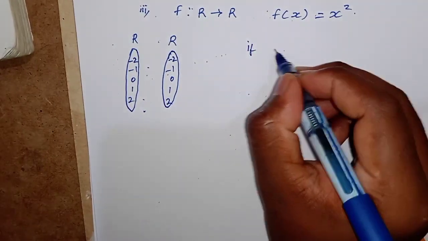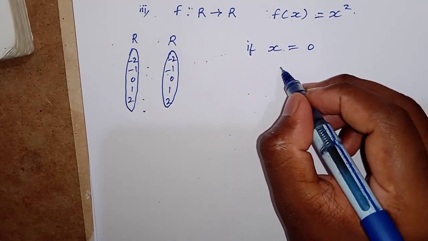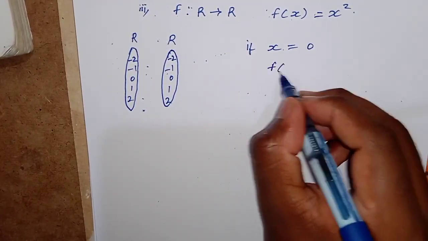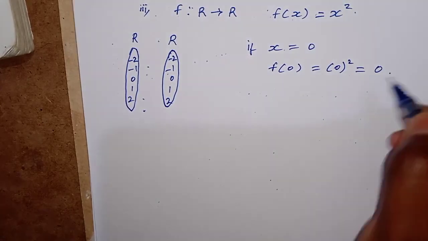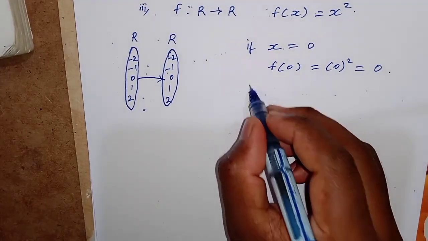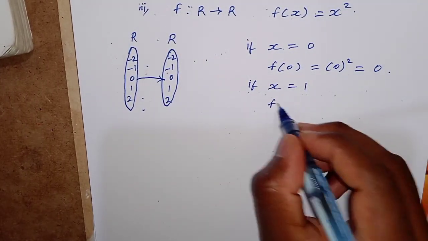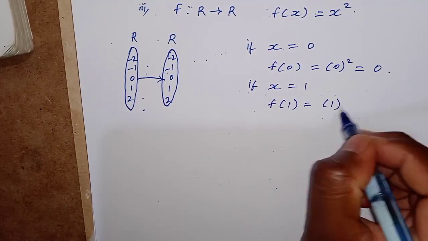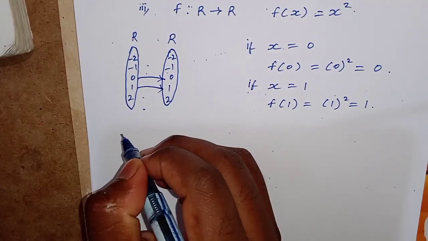Similarly, first we are checking x equal to 0. f of 0 equal to 0 square equal to 0. Therefore 0 is related to 0. Next, if x equal to 1, f of 1 equal to 1 square equal to +1. Therefore 1 is related to 1.